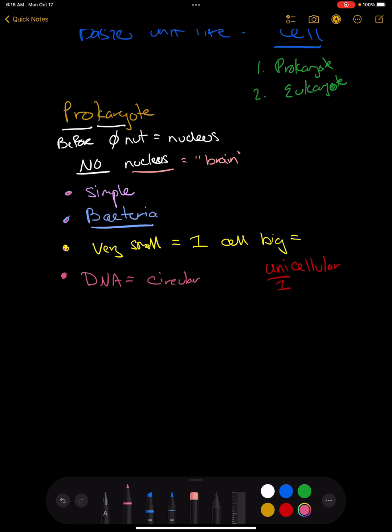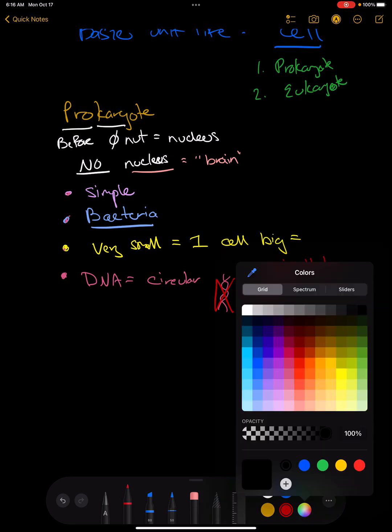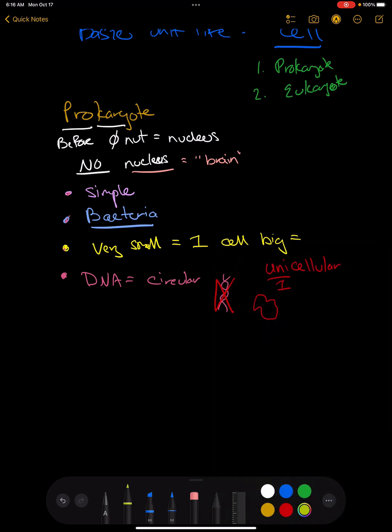Whenever we draw our DNA, remember we always draw it kind of like a double helix. That's not what theirs looks like. Theirs actually goes in a circle like that, which is kind of important when we start talking about evolutionary relationships, but we'll cover that another day. So their DNA is circular. That's really important to note.